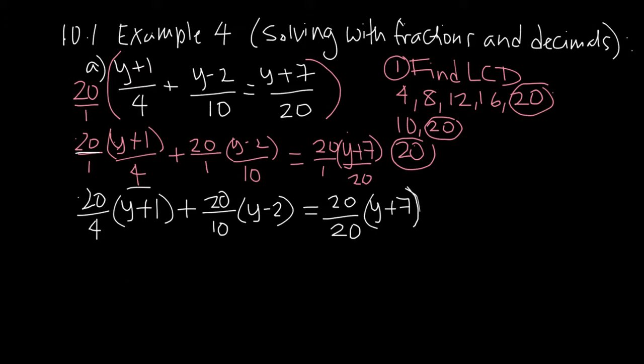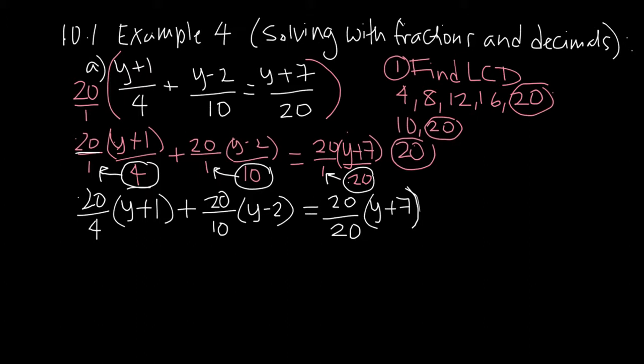The reason I rewrote this step, which we hadn't done in class, is I think it helps to reduce these fractions when the numbers are in the same fraction. So I just put the 4 and the 10 and the 20 in the denominator of the fraction with the 20 over 1, just to show the reducing a little bit easier.